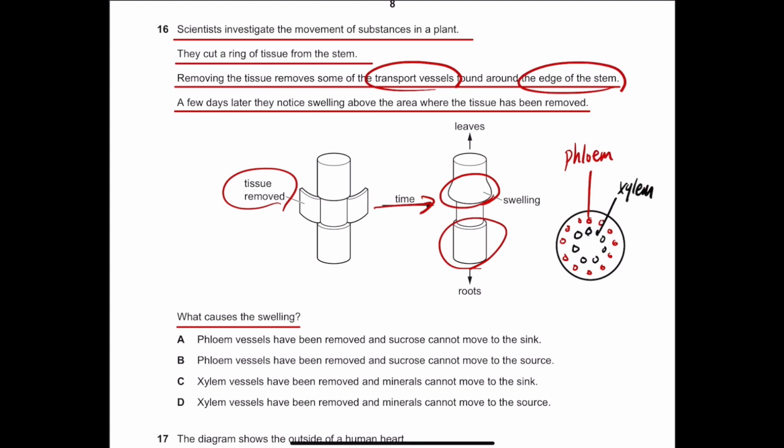The xylems are responsible for transporting water and minerals that are dissolved in water, whereas phloems are responsible for transporting sucrose molecules and other nutrients such as amino acids.